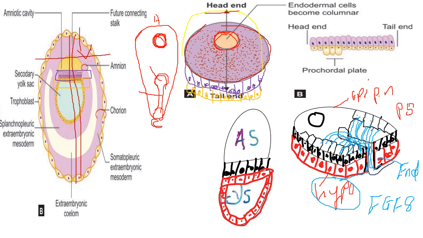They'll start moving laterally, and they'll start moving towards the head end. So I hope it is making sense, because now there is too much invagination of these cells. They are entering through the primitive streak.